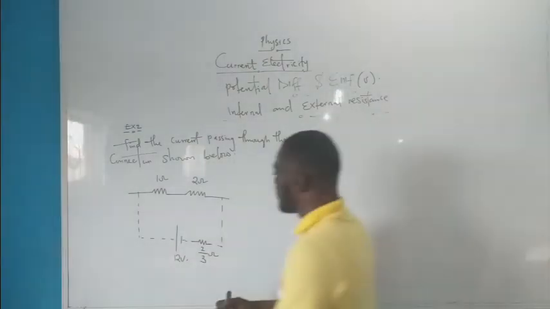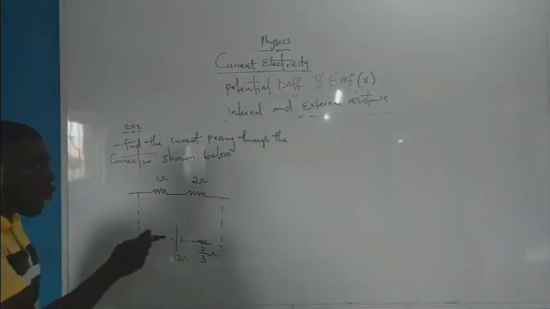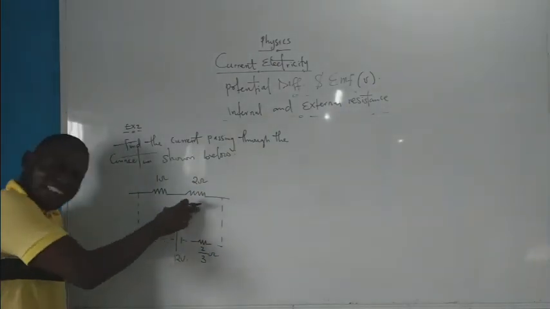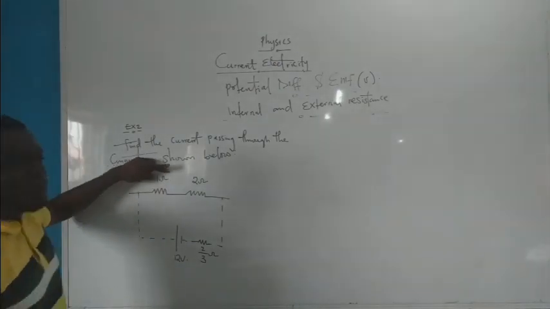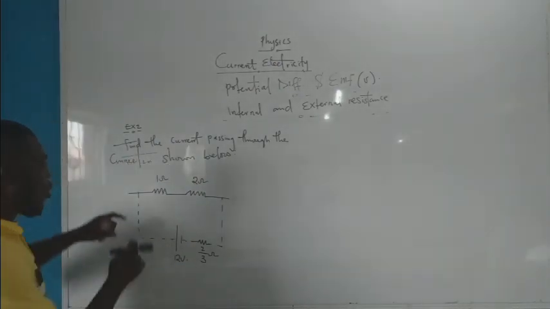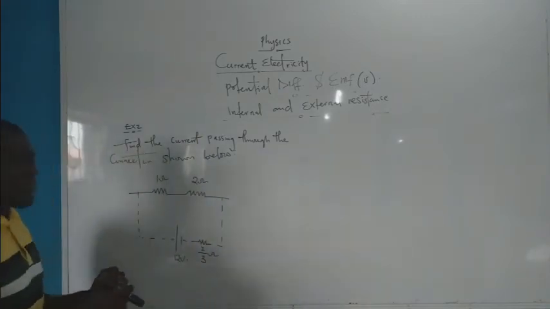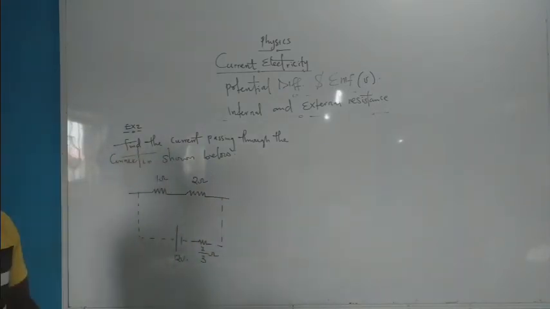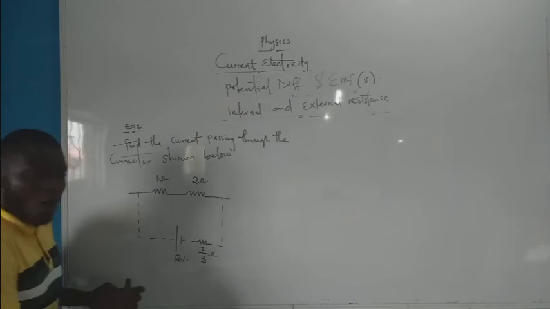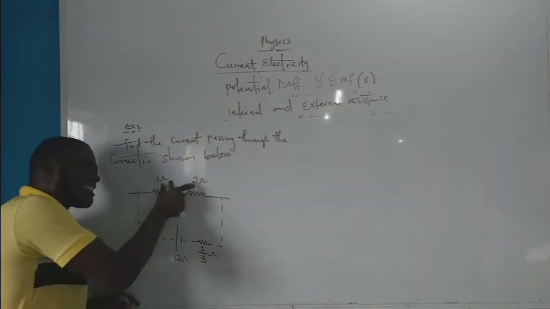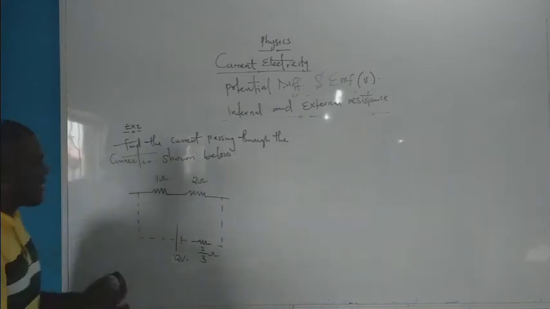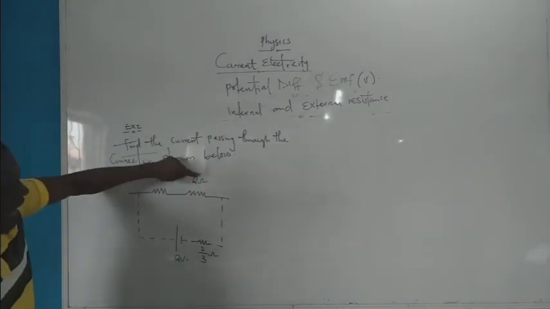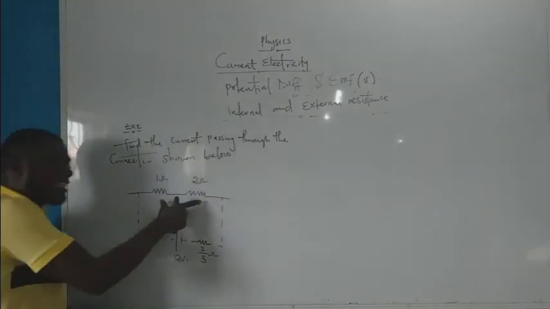Okay, so let's go. We're having 2 resistors of resistance 1 ohm and 2 ohms connected in series.